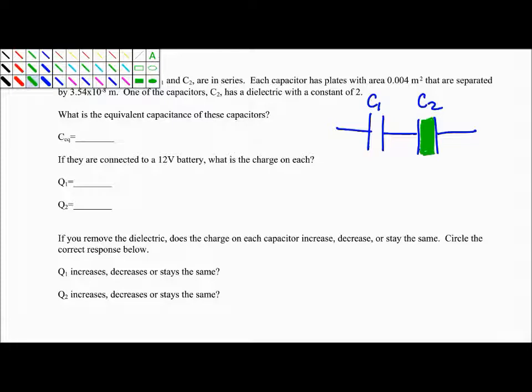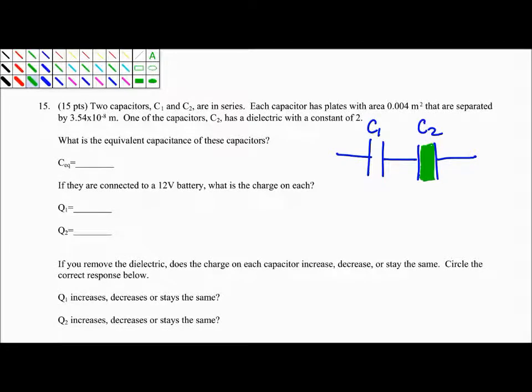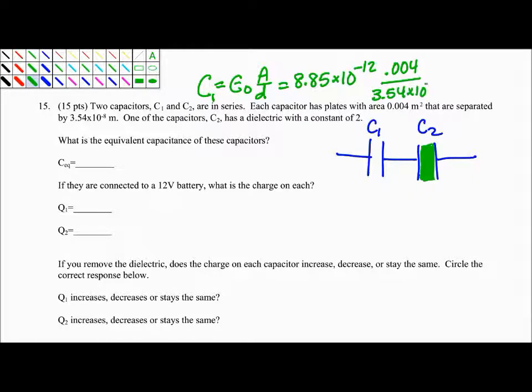All right, now I can figure out the capacitances of these two. C is equal to epsilon naught A over D. This, by the way, is going to be for C1. That's 8.85 times 10 to the minus 12 times A, which is 0.004, over D is 3.54 times 10 to the minus 8.